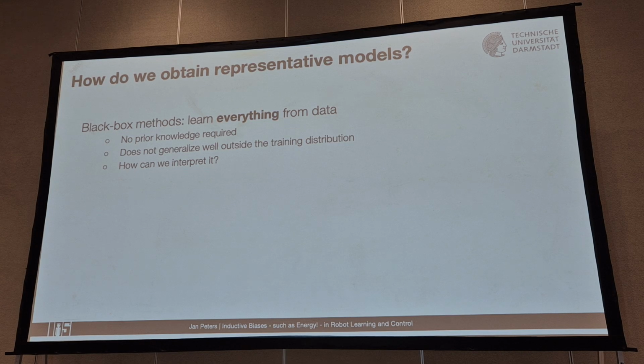Just to give you an example of how bad, let me tell you one story from when I started as a group leader at Max Planck. I was just a postdoc, just graduated, and the Max Planck director said, "Jan, impress me." Well, I wanted to impress him, so I learned a forward model, a physics model, and then did a model-based reinforcement learning method on top.